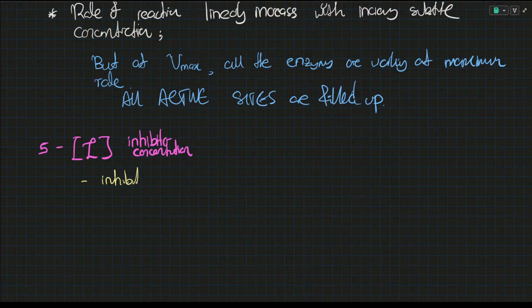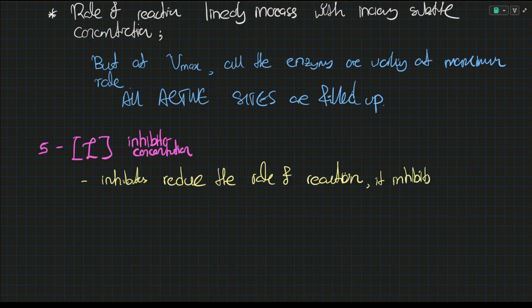Inhibitors reduce the rate of reaction. Obvious, right? If it's going to stop the enzyme, it's going to reduce the rate of reaction. Simply speaking, it inhibits the enzyme.